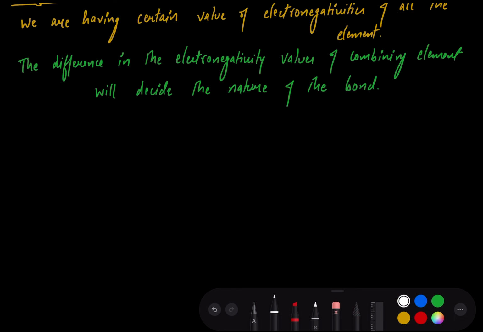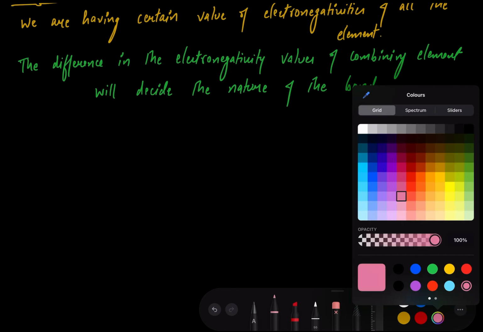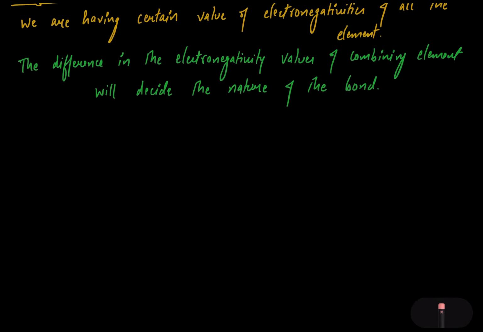So, I am writing starting with the first point. Here I am writing electronegativity difference. Here I am mentioning the nature of bond.